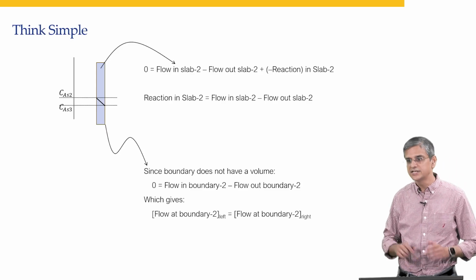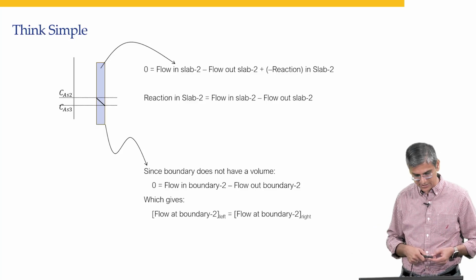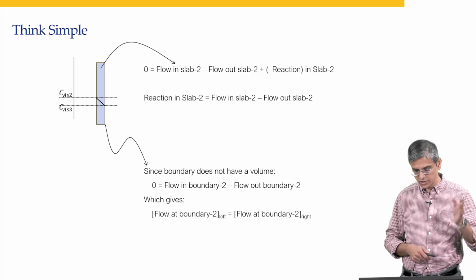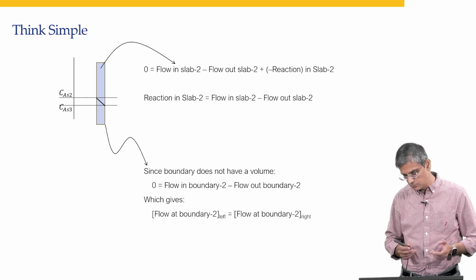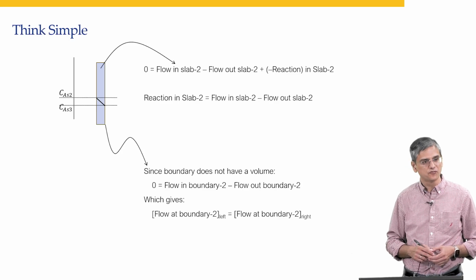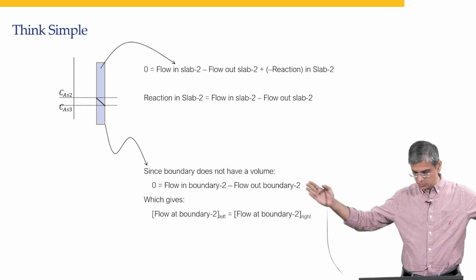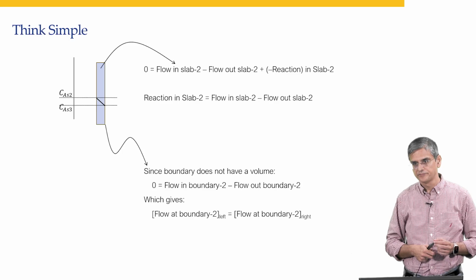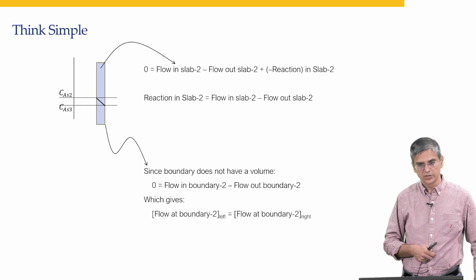Exactly the gulab jamun example, the eating example that I gave. 0 equals flow in slab 2 minus flow out of slab 2 plus reaction in slab 2. There is no reaction in slab 2, therefore, flow from this boundary is equal to flow from this boundary. Essentially that is what we are doing over here.